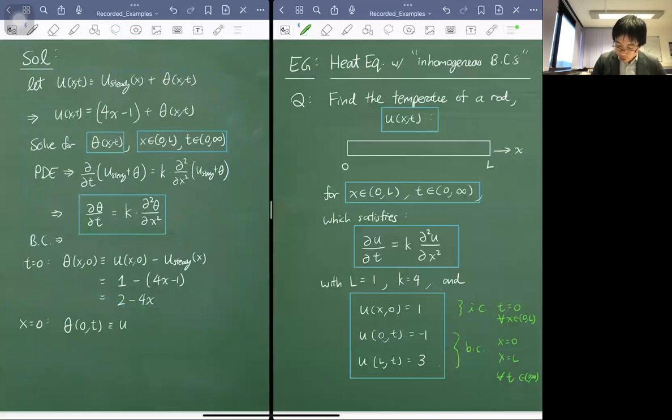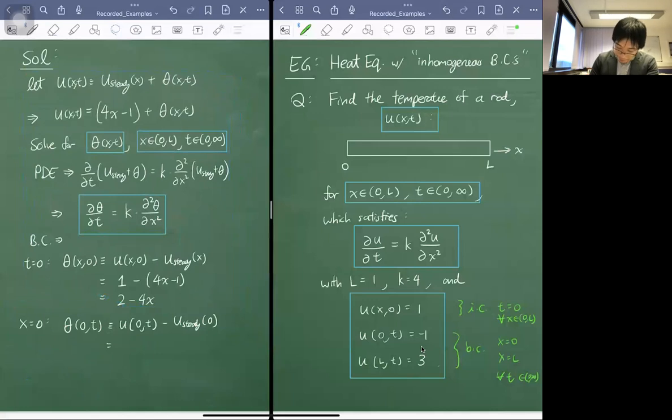First of all, I'll use the identity sign over here, because this is going to be identical to u of 0, t minus u steady of 0. So what's u of 0, t?